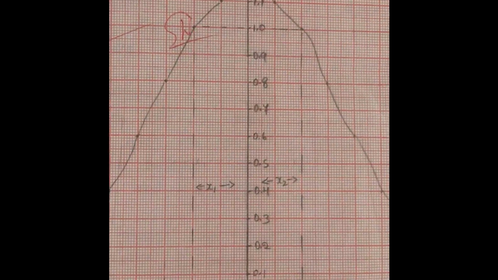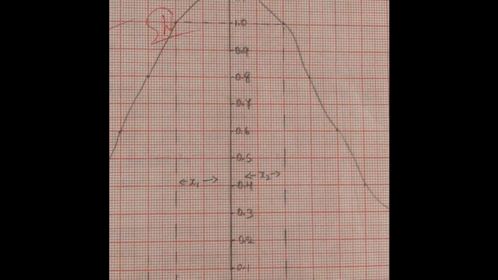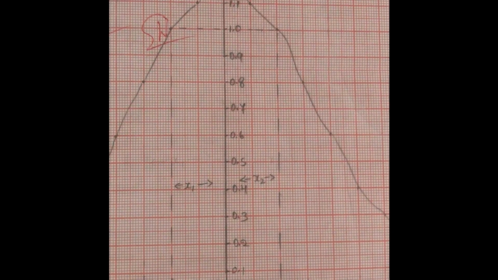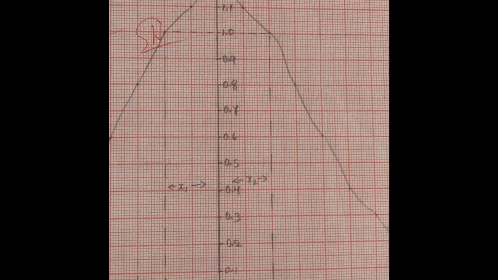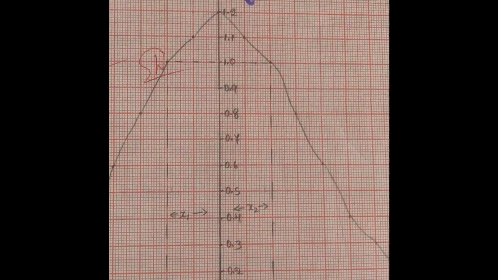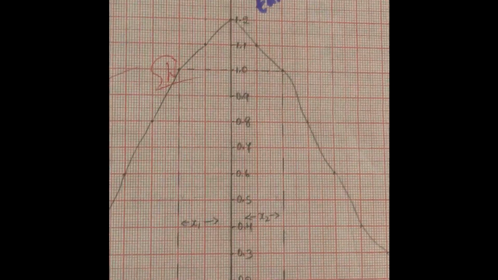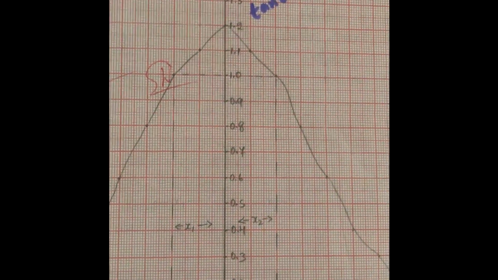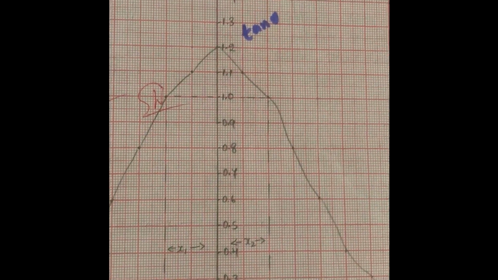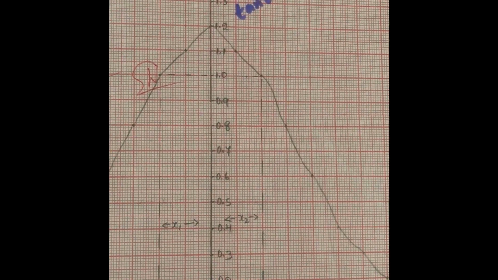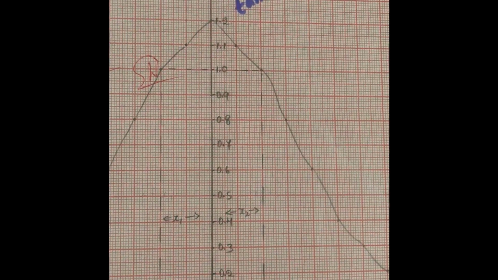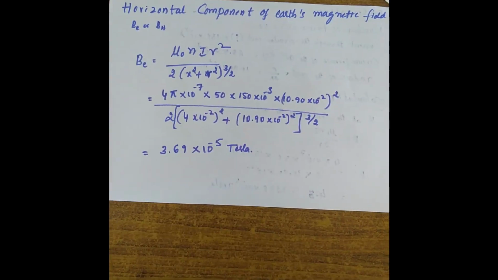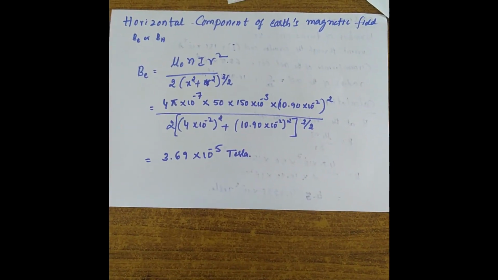Here x1 and x2 are not denoted. So from this graph we can calculate the x value. This value of x can be used in the calculation of BH. BH is nothing but the horizontal component of earth's magnetic field.